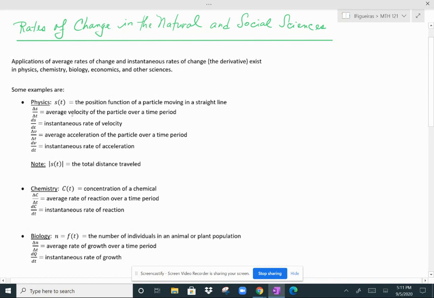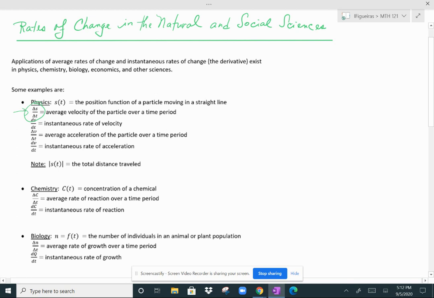So the most common one in physics is when we're talking about the displacement or the position of a particle moving in a straight line, also called rectilinear motion. S of t is a common way to state that type of function. So the change in S over the change in t, which is basically a slope calculation, is your average velocity.